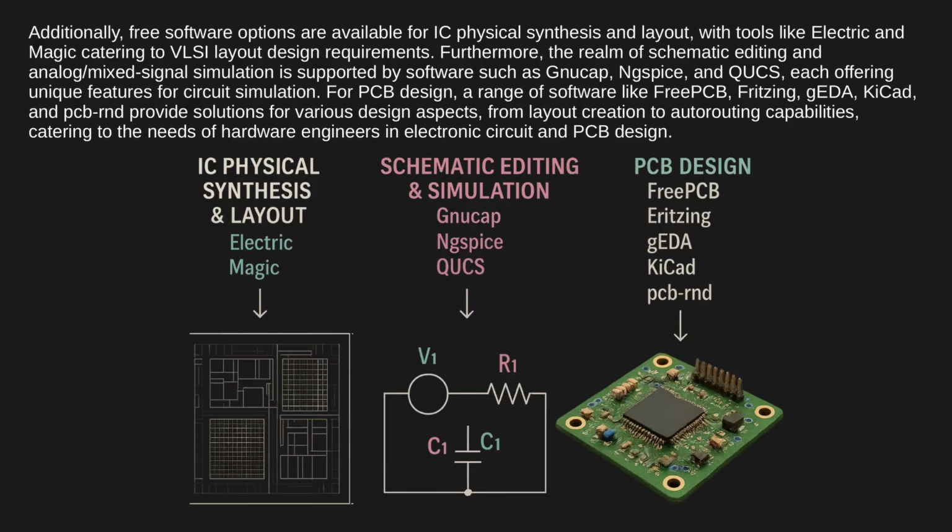Furthermore, the realm of schematic editing and analog mixed signal simulation is supported by software such as NuCap, NgSpice, and QUCS, each offering unique features for circuit simulation. For PCB design, a range of software like FreePCB, Fritzing, Gerbv, KiCad, and PCB R&D provide solutions for various design aspects, from layout creation to auto-routing capabilities, catering to the needs of hardware engineers in electronic circuit and PCB design.